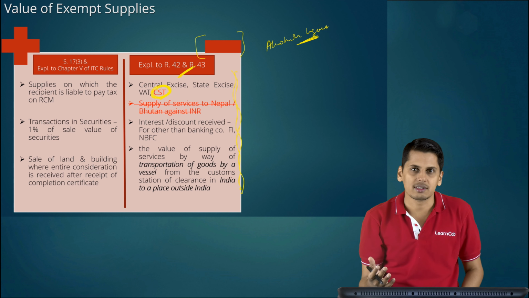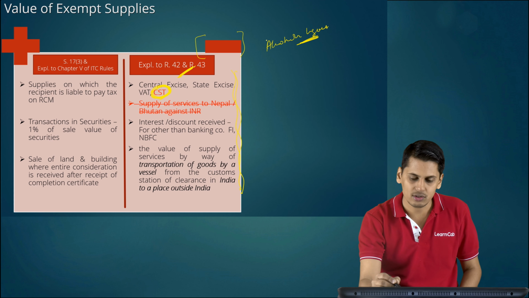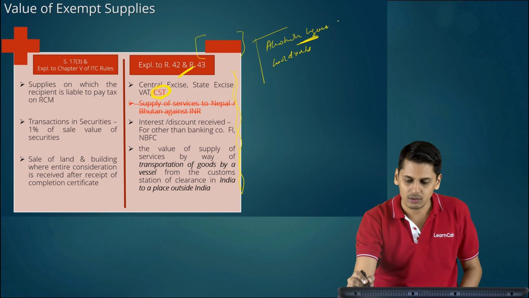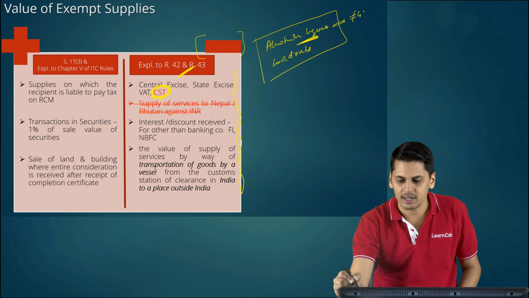Now let's suppose there is a person who is supplying alcoholic liquor and he is also supplying cool drinks. Alcoholic liquor is outside GST, cool drinks is inside GST.